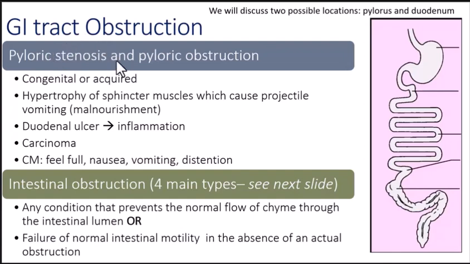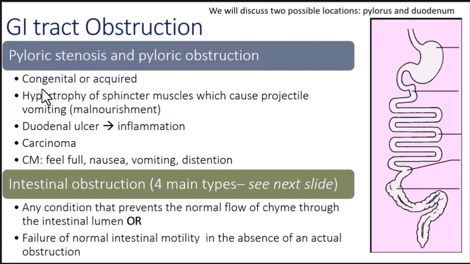Stenosis means narrowing, and an obstruction would imply, in this case, some physical obstruction. So with pyloric obstruction or stenosis, we have either narrowing or blocking between the opening of the stomach here and the duodenum. And it can either be acquired, so it develops at some point throughout the person's life, or congenital, meaning that they were born with it.